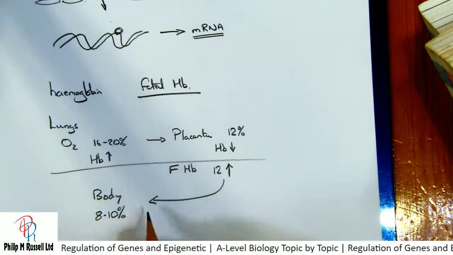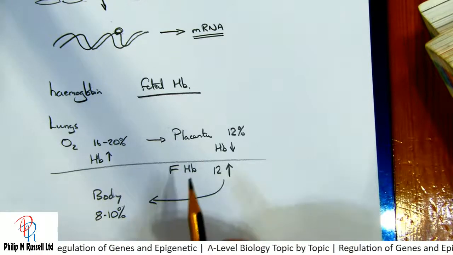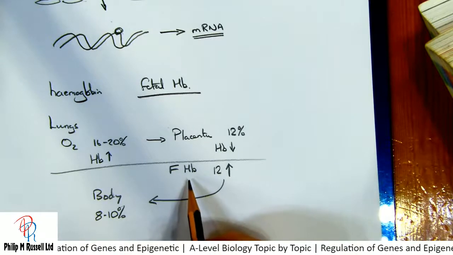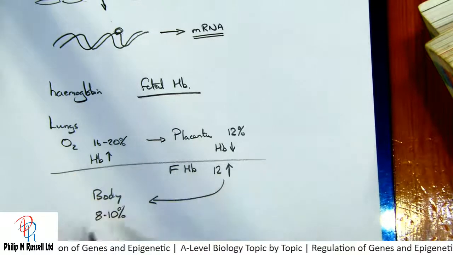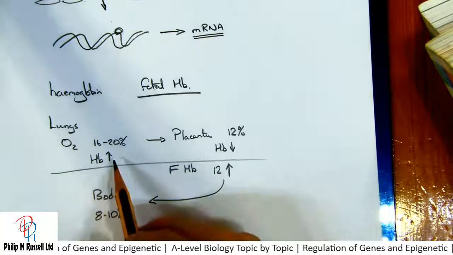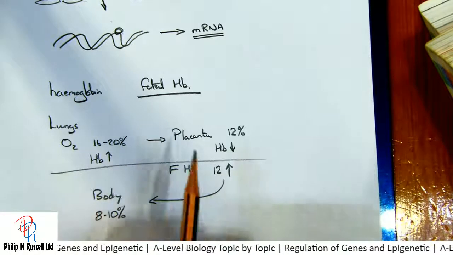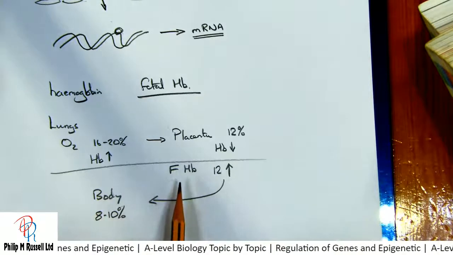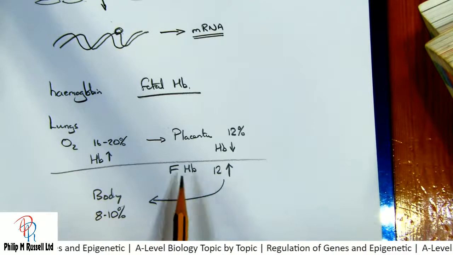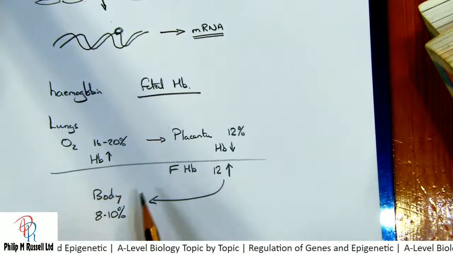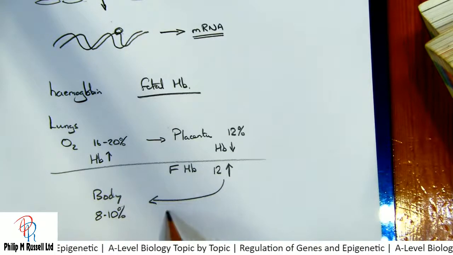When the baby's born, this fetal hemoglobin is no longer required, and a better hemoglobin is required, and the lungs opening up will gradually enable this fetal hemoglobin not to be needed anymore. It's not needed anymore because a chemical messenger isn't being made.